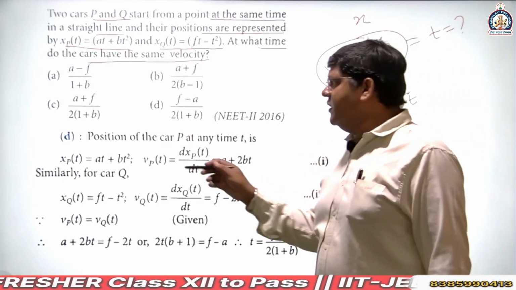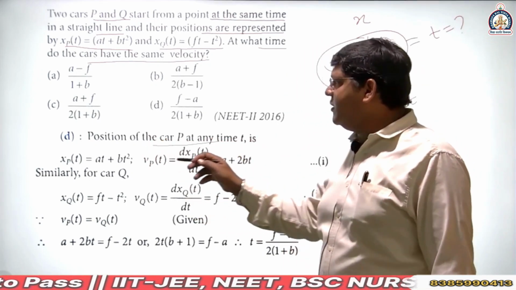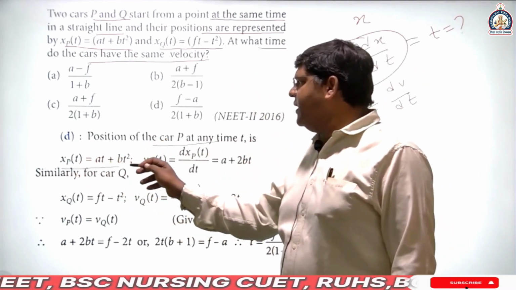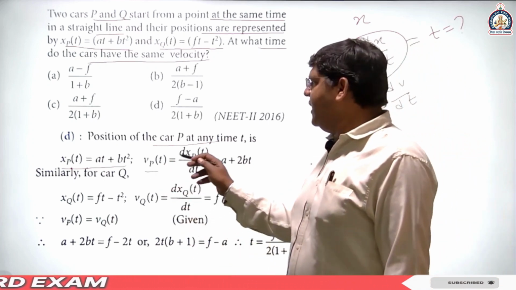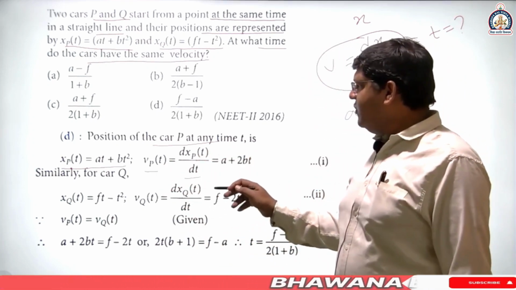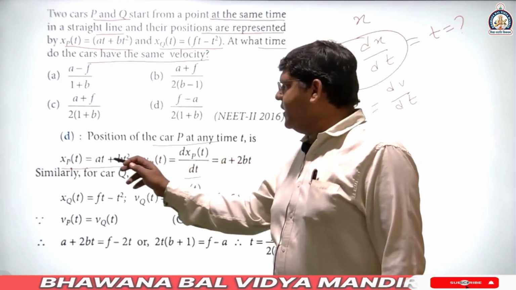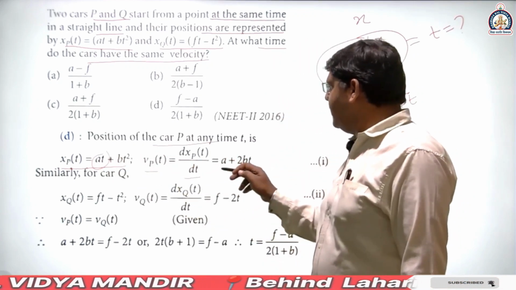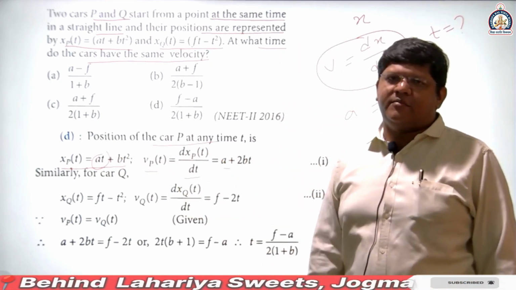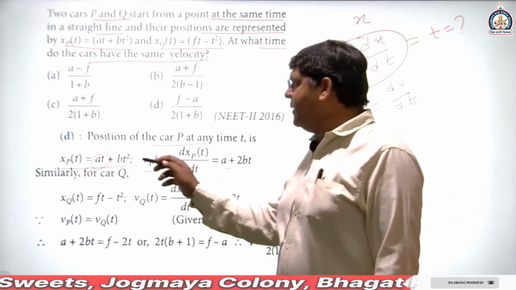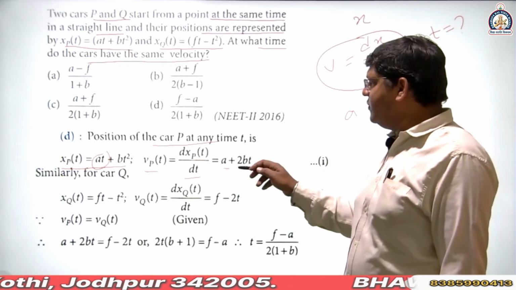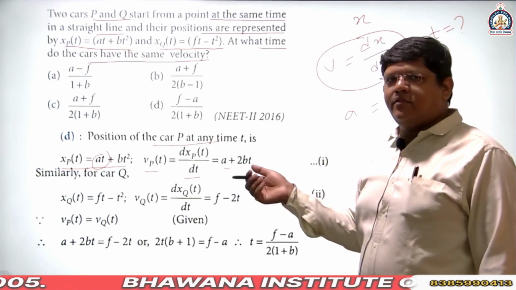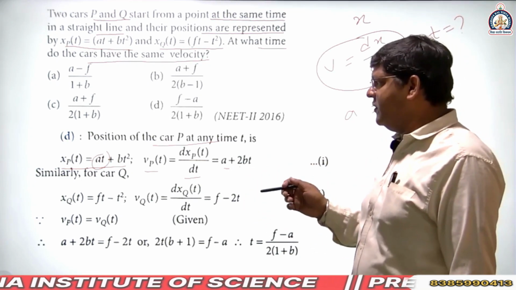First, the position of car P is given by xp is equal to at plus bt square. For calculating velocity, we have to differentiate the position. For differentiation with respect to t, at becomes a, because differentiation of t with respect to t gives 1, and bt square gives b as a constant and t square becomes 2t, by just using the simple formula for differentiation.